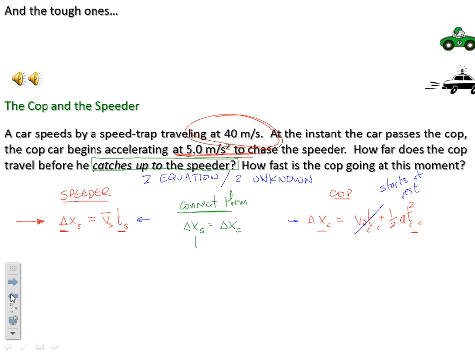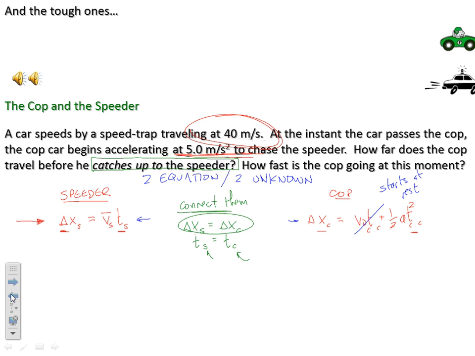Now that's true when the time that the speeder travels is the same as the time the cop travels. Okay? So when the cop has traveled for some amount of time, he has the same displacement as the speeder has. Well, that also is when they've traveled for the same amount of time.